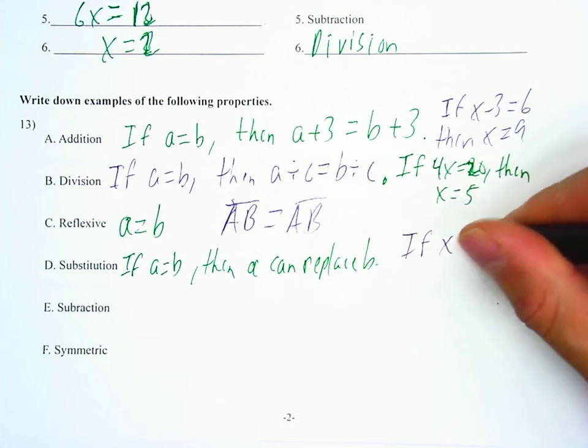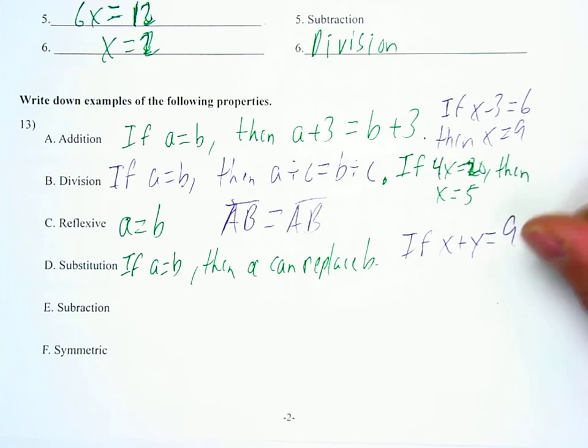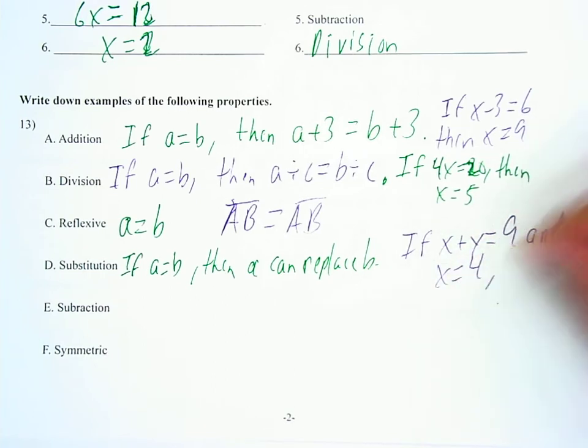if x plus y is equal to 9 and x is equal to 4, then I would replace the x with a 4 here. 4 plus y equals 9.